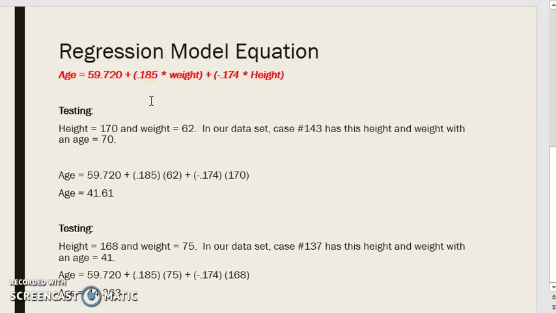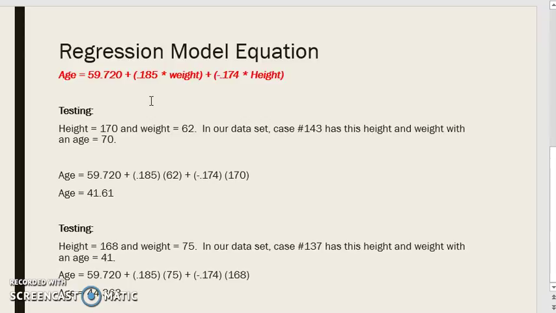With a coefficient of weight being 0.185, as weight increases by 1 unit, age increases by 0.185 units if height is held constant. And the coefficient of negative 0.174 for height tells us as height increases by 1 unit, age decreases by 0.174 units if weight is held constant.